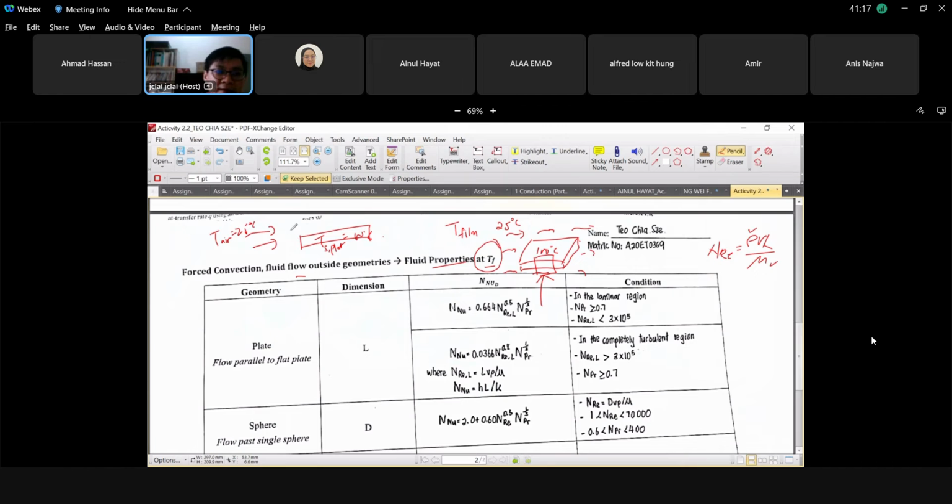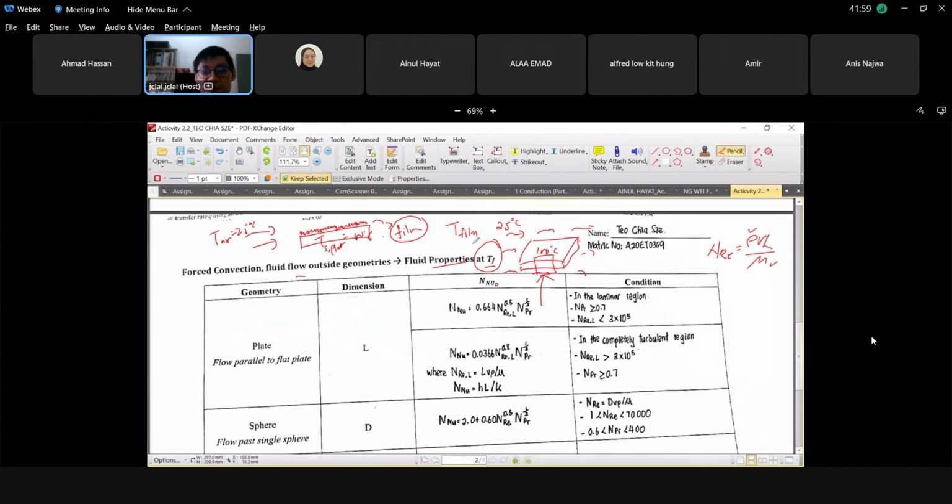So when this air flows past the plate surface, what will happen is it will form a layer of so-called film here, because this surface is hot, right? So the air flow past this surface will be heated up, right? So there is a thin layer of heated air here. So this layer is called a film, right?